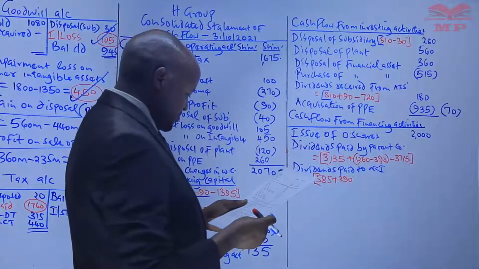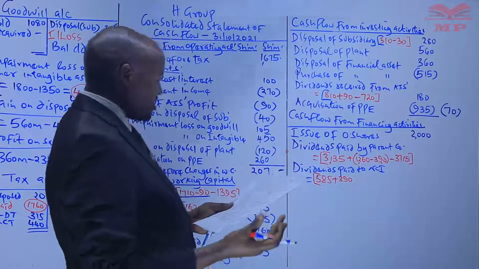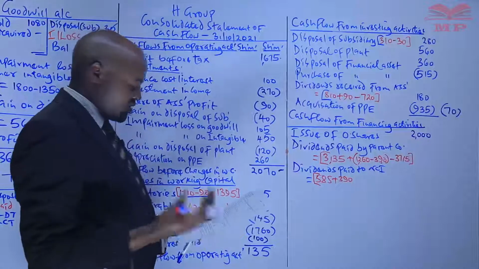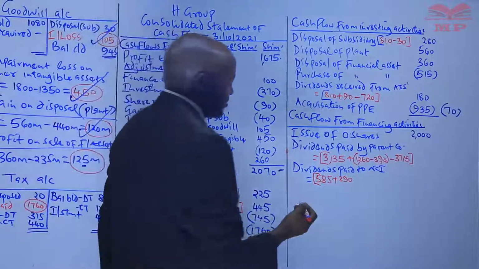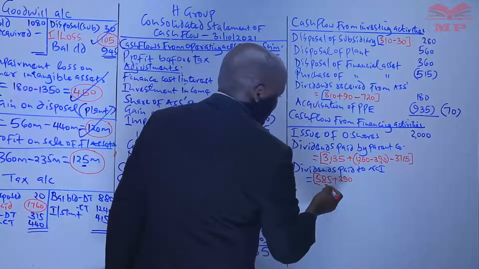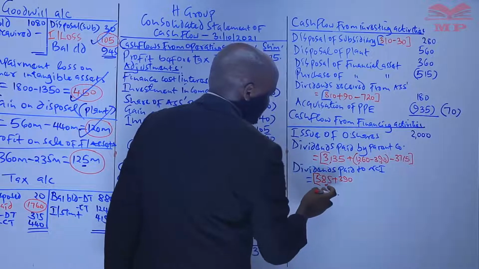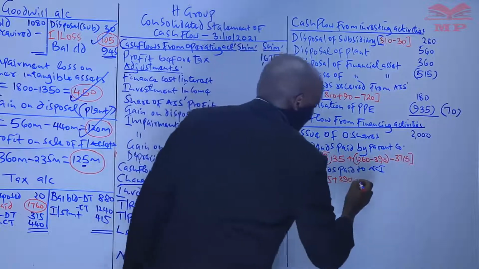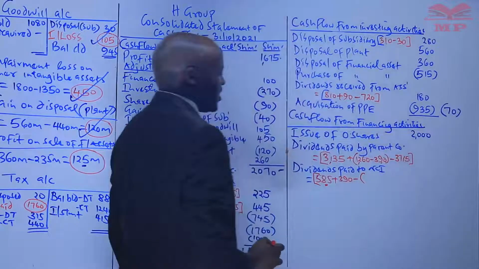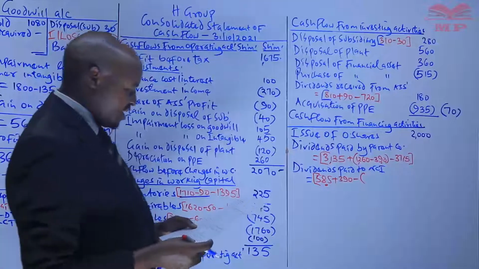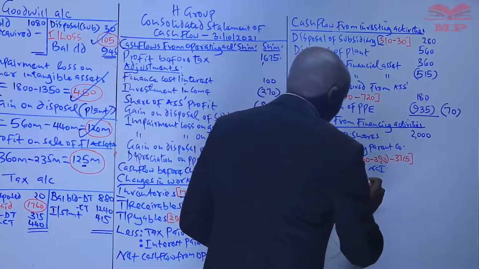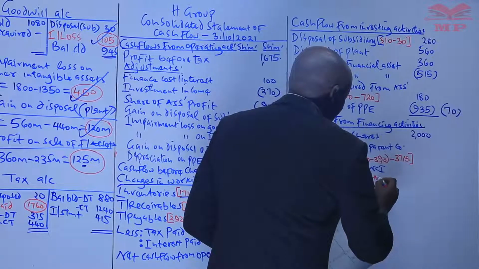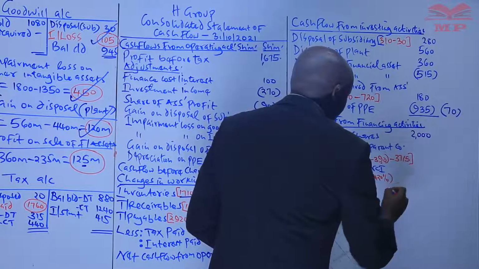And then we check whether in the course of the year there was a subsidiary acquired or a subsidiary disposed. In our case, we have a subsidiary which was disposed. Because the minority shareholders' share of the net asset in that subsidiary is part of this, and the subsidiary was disposed, we need to less the NCI share of the net asset of the subsidiary disposed. The net asset of that subsidiary was 300, but the NCI share will be 20%.